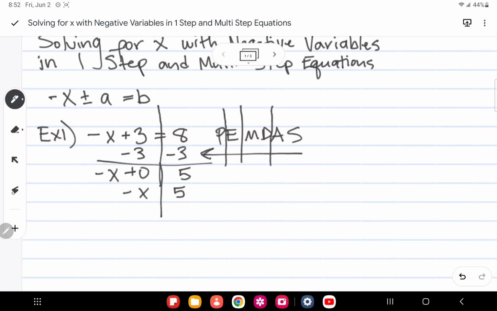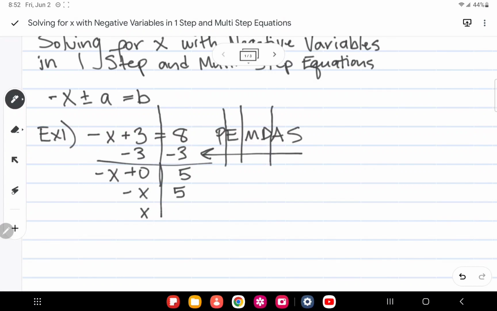Now, the key here when dealing with negative numbers: once you have isolated it and there's only one variable, meaning that there's no coefficient, you are going to switch this negative sign into a positive sign. Additionally, the signs of everything else will also need to be switched.